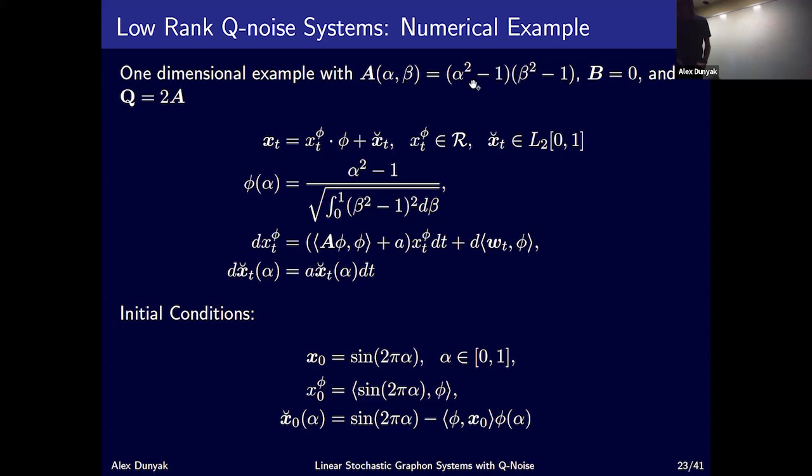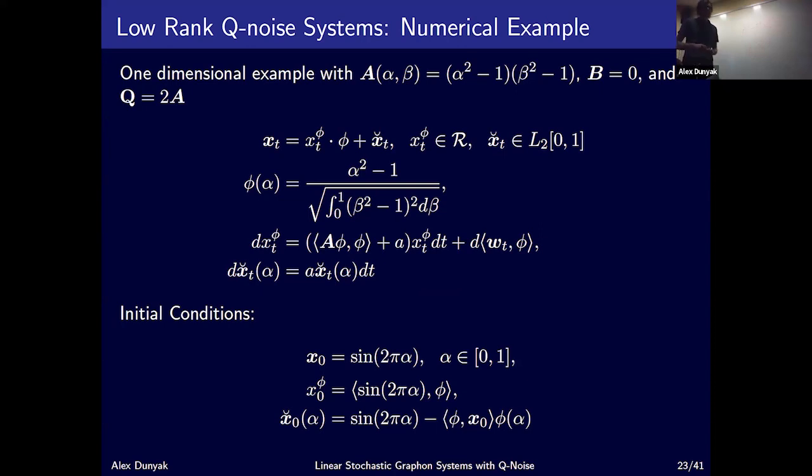So this has the orthonormal basis function phi, which is what you get just by taking f and dividing it by the norm, and you decompose the full L2 state x into a constant along the phi dimension plus the orthogonal complement. And here you have this one-dimensional differential equation along with this linear differential equation that is fully diagonal and deterministic.